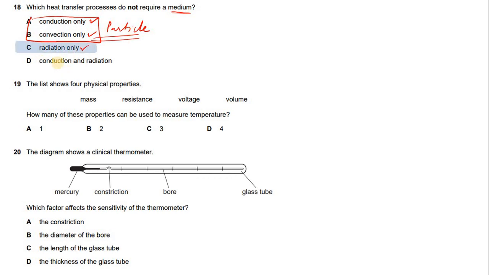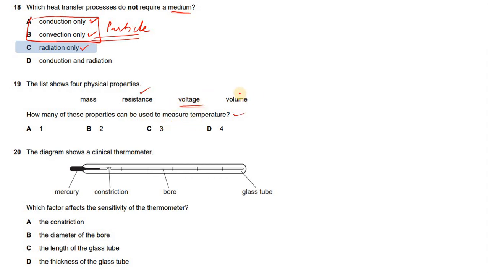Option is C. The list shows 4 physical properties: mass, resistance, voltage, and volume. How many of these properties can be used to measure the temperature? If you want to measure the temperature, we can use resistance, because as temperature increases, resistance changes. And of course, we can use measurement of voltage to measure the temperature. If you recall, we have a thermocouple.